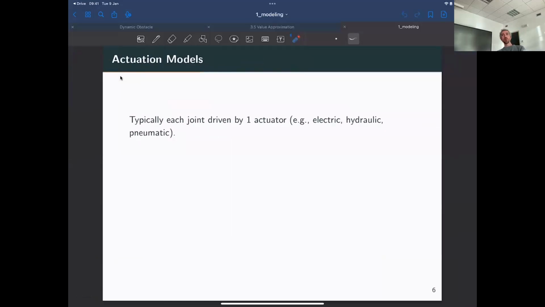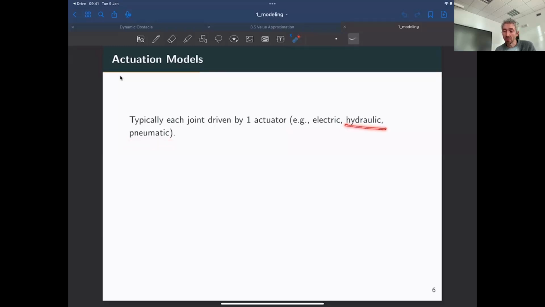Okay, how are these robots actuated? So typically you have one actuator at each joint. That's why they're fully actuated. However, the actuator can be of different kinds. You can have electric, which is the most common in robotics, but you can also have hydraulic or pneumatic.